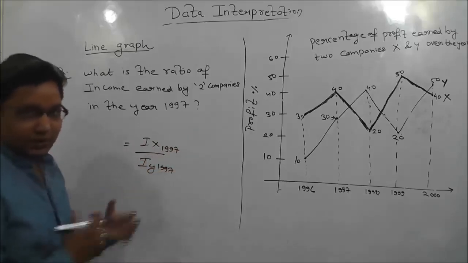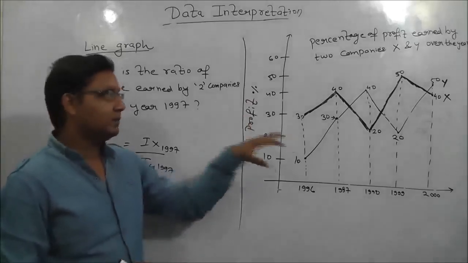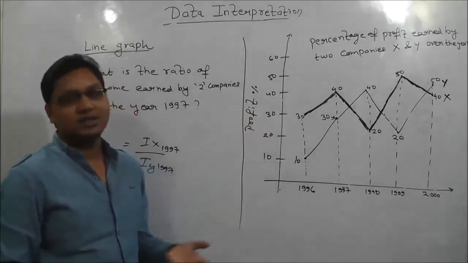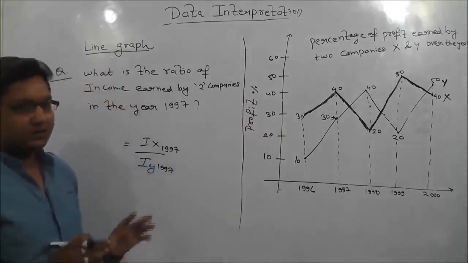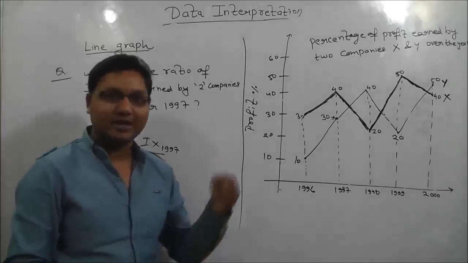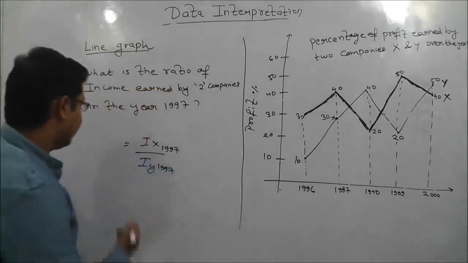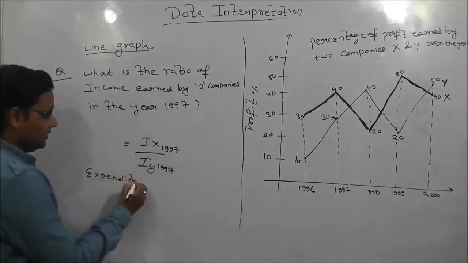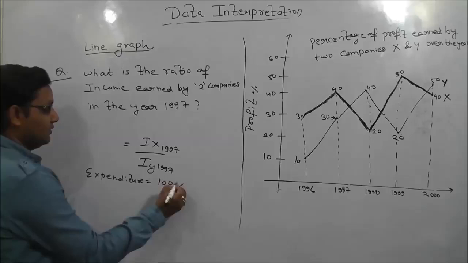First we should know that in this type of question, expenditure, salary and income are there. We should know what the complete value is. The complete value is expenditure, and that is 100%.